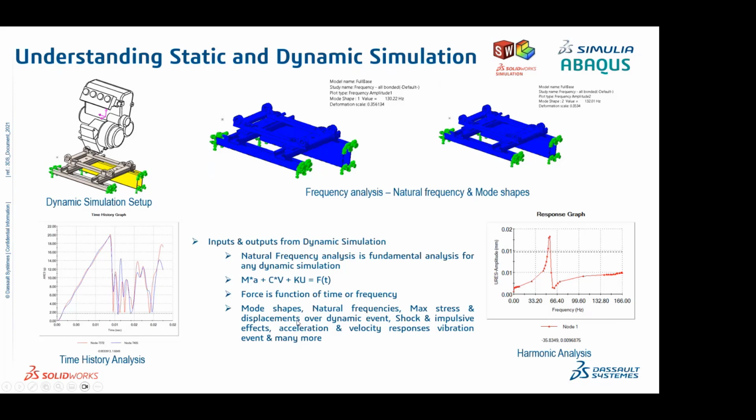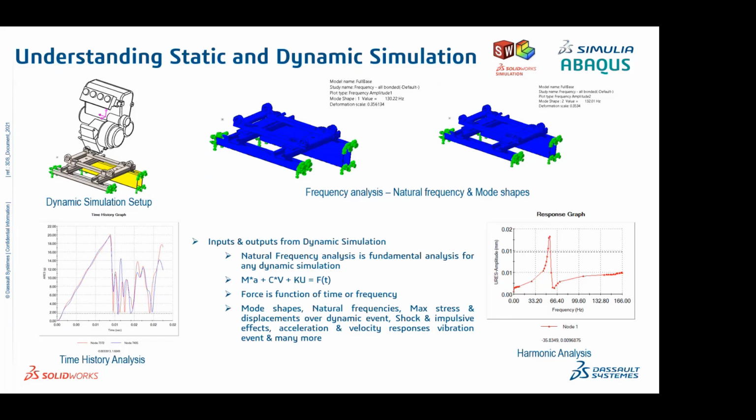And what are the key outputs we look at from the dynamic simulation? It is the mode shape, right? Because of its own stiffness and material, what the mode shapes and frequencies are, and we will also evaluate the maximum stresses and displacement over the dynamic event. In static analysis, we evaluate the stress and displacement at just a particular instant.